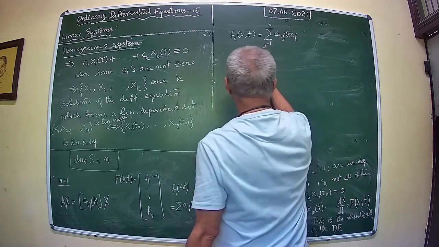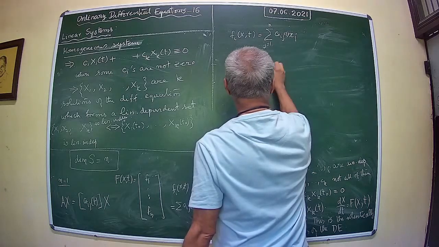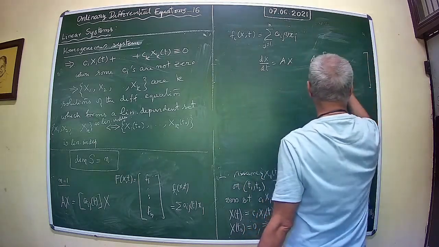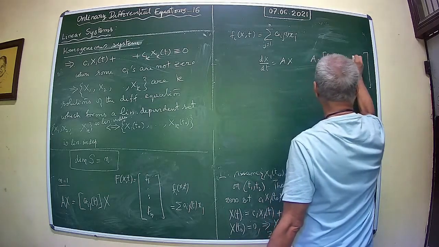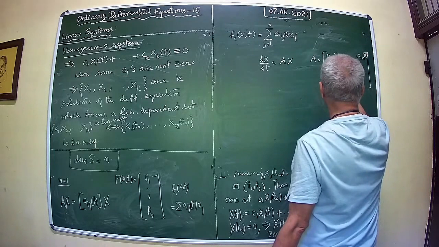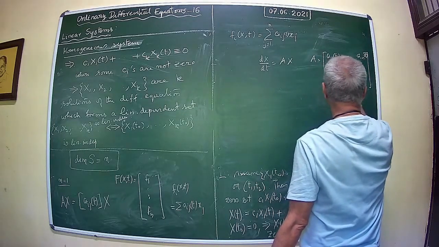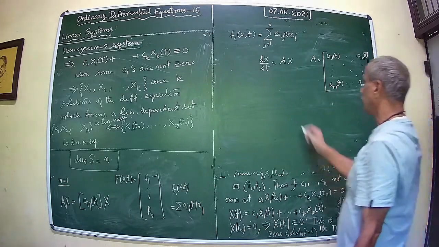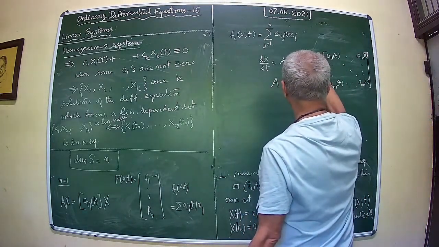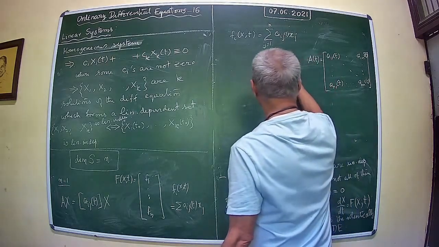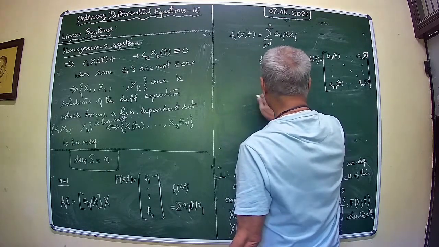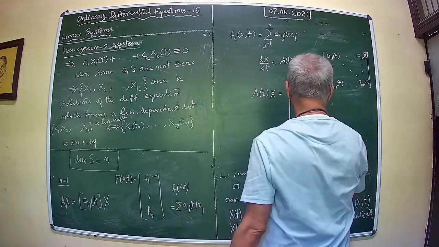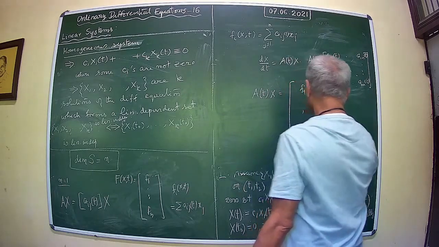Then I write this with A equal to the n by n matrix, and let me write this as A(t). Then A(t)x, these are the vectors.